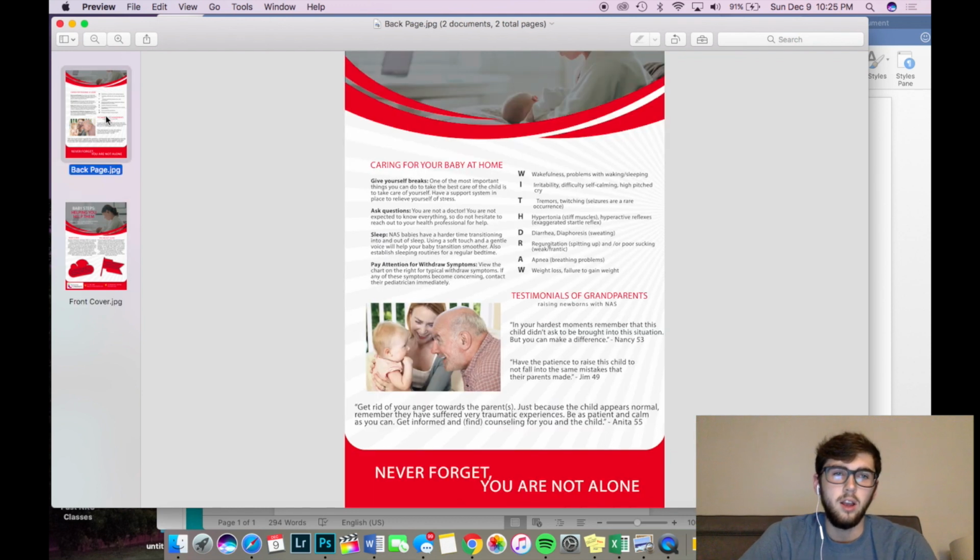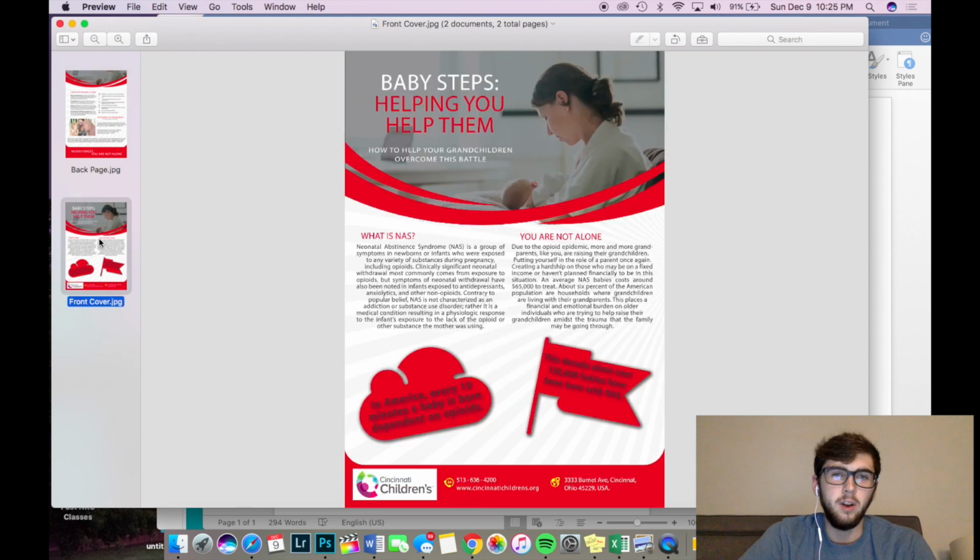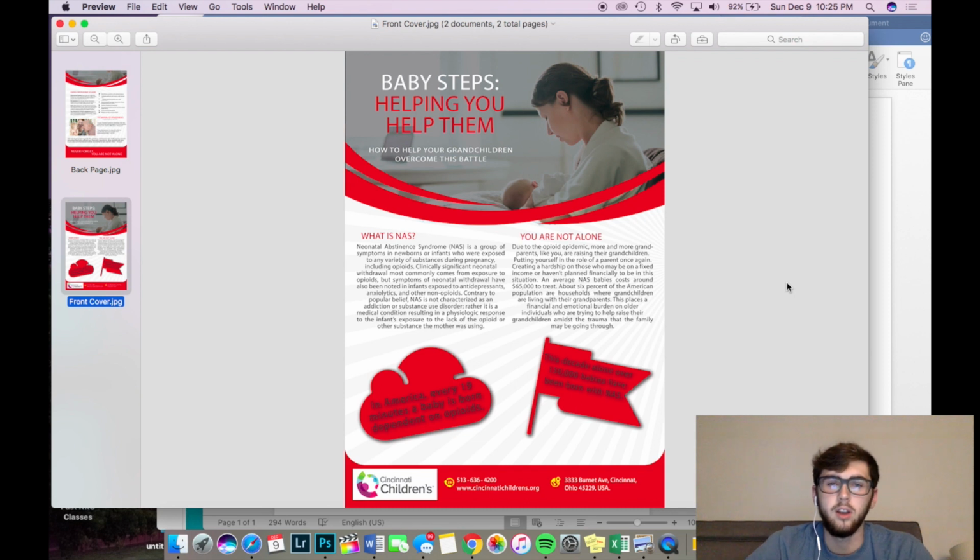So I made a front and back, more like a flyer. If you see here, I used a white and red color scheme mostly to draw the attention of the reader, because I think red is a color that is used to draw your attention. I put a picture of a baby because we're talking about infants.